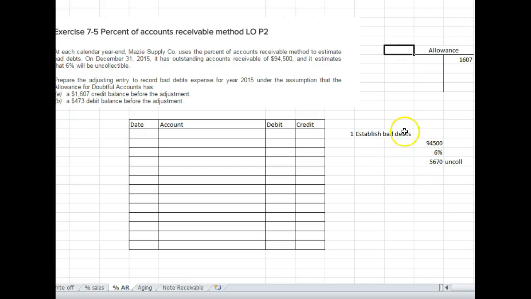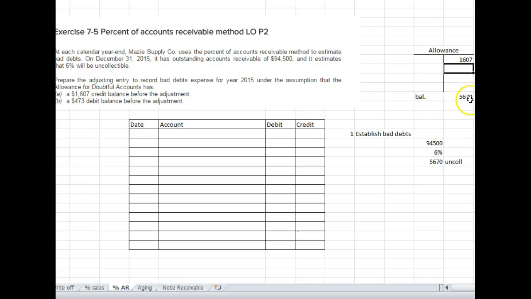So what this whole thing says is the balance of your allowance account should be 5,670. That adjustment between what is there and what should be becomes your bad debts.